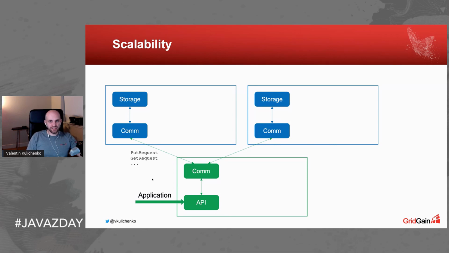But for now, it's not a cluster yet, right? Because those server nodes, they don't know about each other. They are not aware about each other's existence, basically. And the client also doesn't know anything about the cluster, doesn't know how many nodes are there. It doesn't know where those nodes are located, and it doesn't know how to connect to them.